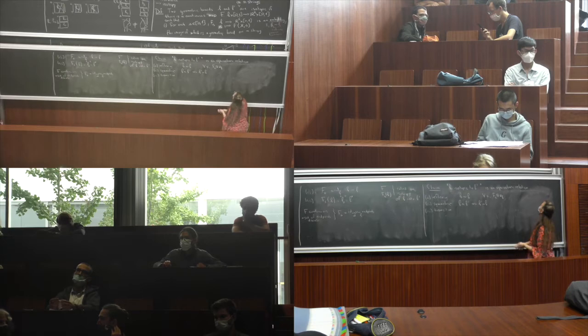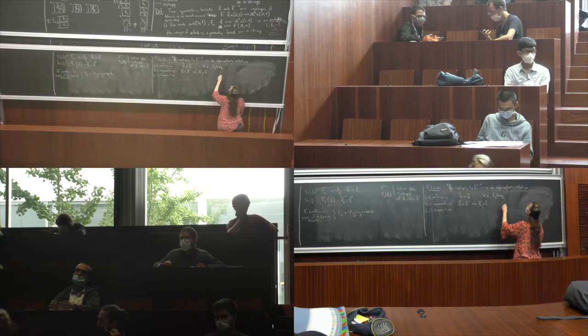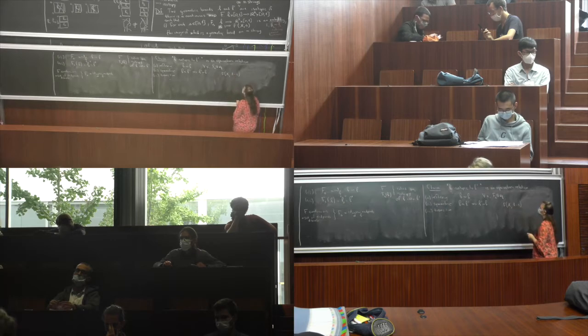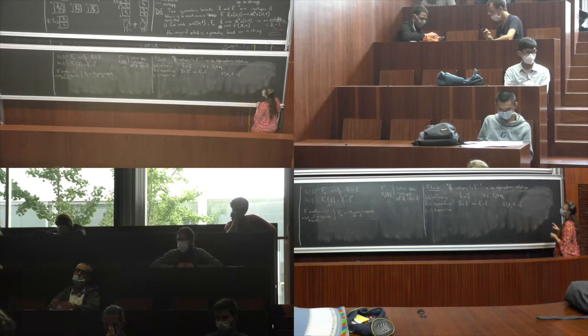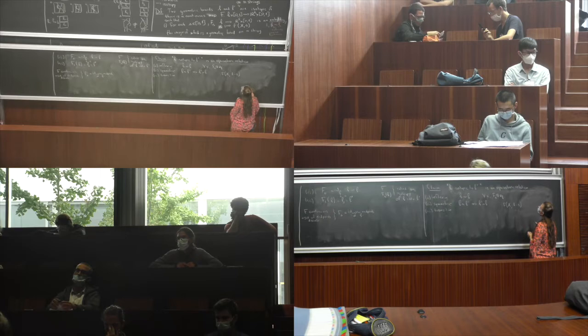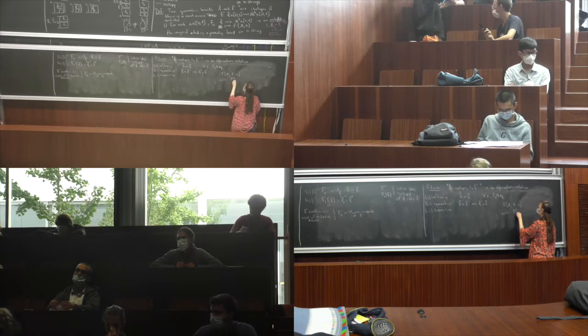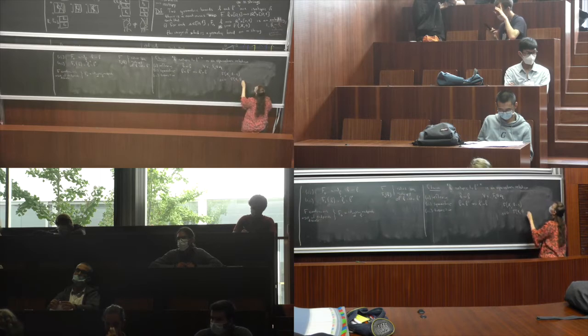So let's see how this would work. If I take the map f of x, 1 minus s. So for s equals 0, I have x1. So this belongs to B prime.